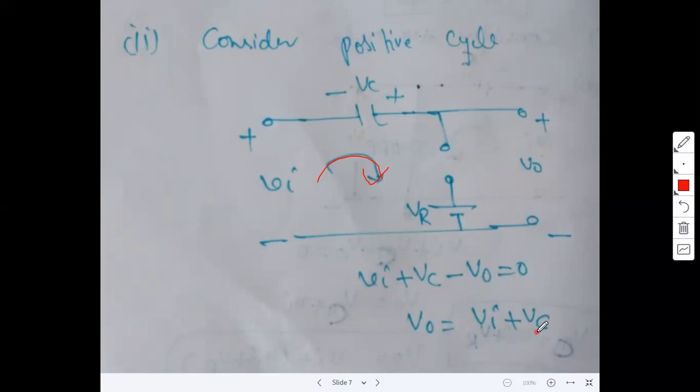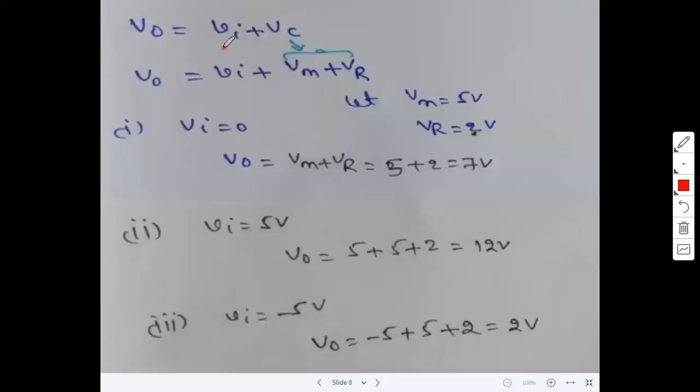V naught is equal to Vi plus VC. What is VC, the voltage across the capacitor? Already we calculated during the negative cycle that it is Vm plus Vr. At maximum, the peak input voltage is 5 volts and the reference voltage is 2 volts.